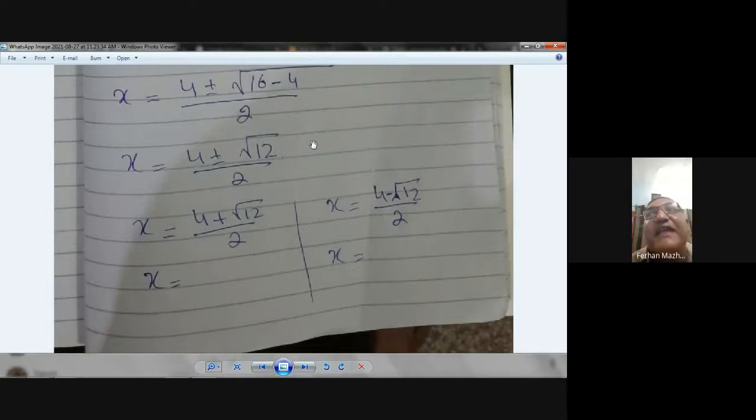Note down this answer. And then the second calculation is 4 minus under root 12, divided by 2, equals 0.26. Okay, now confirm, somebody please. The answers we have got, just check if they are correct from your book.